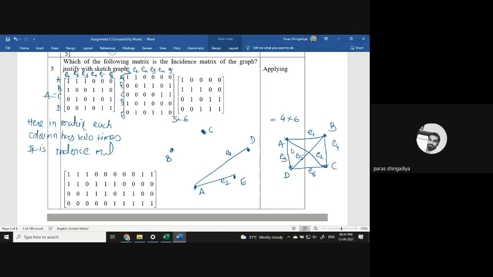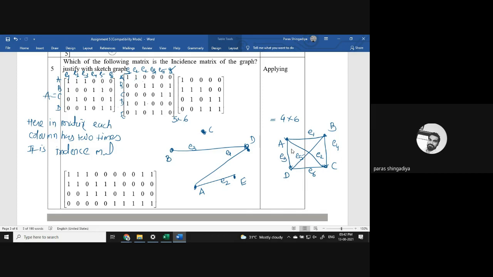Okay, third column, it is for E3, and one is between B and D. Connect B and D vertex, and that is the E3 edge. Then there are E4, E5, and E6. Clear?